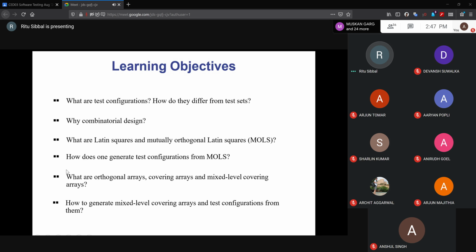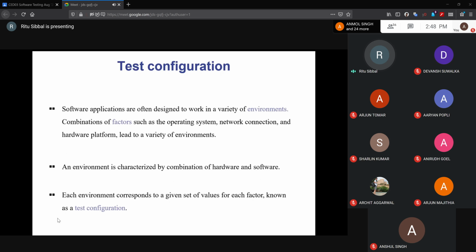So each environment will have a given set of values for each factor, and that is known as a test configuration. So a test configuration is actually the set of values for each factor. And what are factors? Factors could be operating system, network connection, and so on. And every factor will have a value, like I just said, operating system can be Mac OS, operating system can be Windows, hardware platform can be processor, what processor you are using.